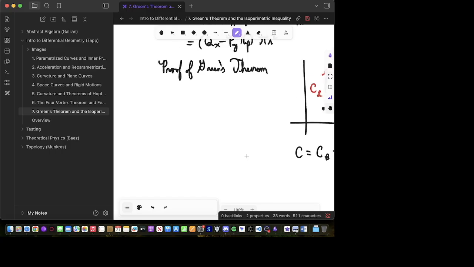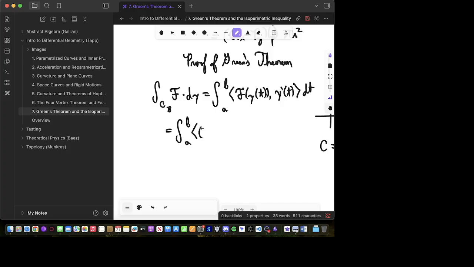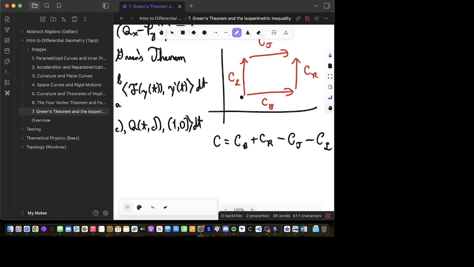So the integral along CB of F is equal to the integral from a to b of F of gamma t, gamma prime t, dt, and note that because we're traveling along here, gamma prime is just going to be the unit vector in the x direction.